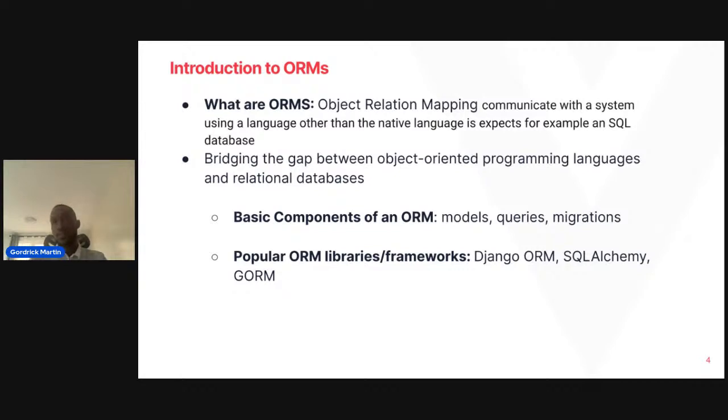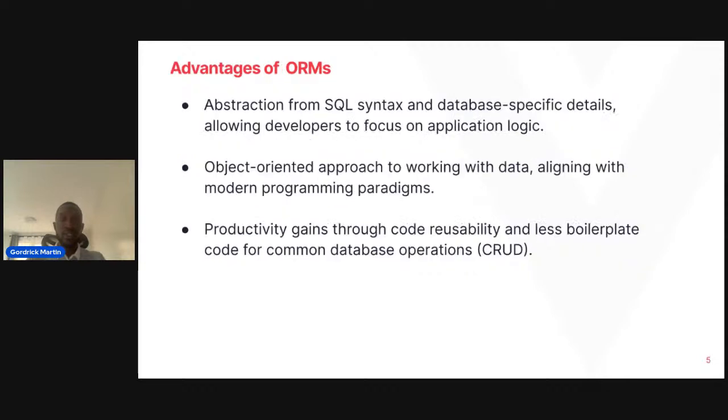As examples, I've already spoken on the Django ORM, which I think is the most common example people have interacted with. There's SQLAlchemy as well, which is in Python. There's also GORM, even though Go is not exactly an object-oriented programming language, and GORM is the example I'll use today. So what are some of the advantages of ORMs?